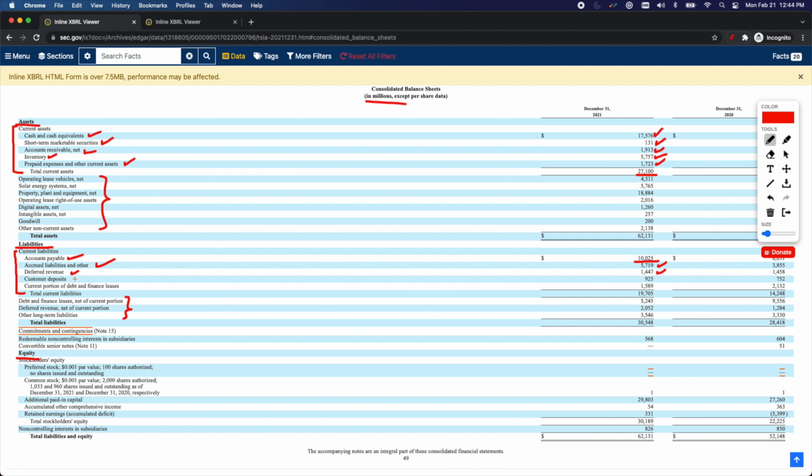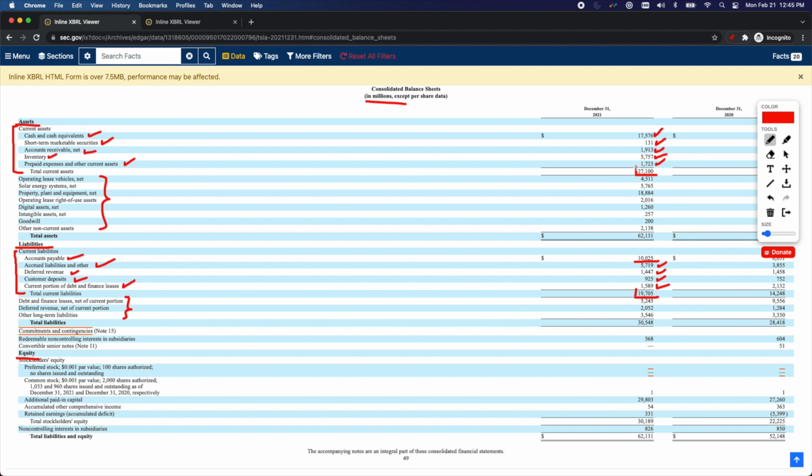Customer deposits, these are customers that paid in advance to reserve vehicles that have not been delivered yet. Almost $1 billion here, $925 million. And there's also some short-term debt and short-term financial leases, also a liability, equal to $1.6 billion. If we add all that up, we get $19.7 billion worth of current liabilities.